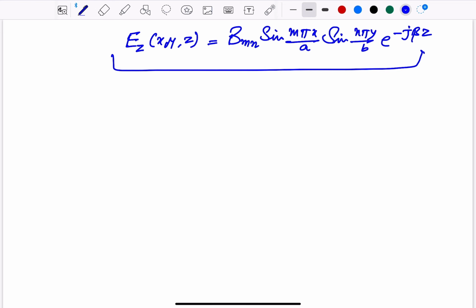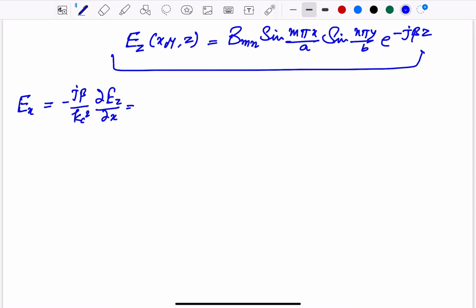Now you have to use this longitudinal field component Ez to estimate the rest of the transverse components named Ex, Ey, Hx and Hy. Now Ex will be, if you write down, minus j beta over kc square dou Ez over dou x.